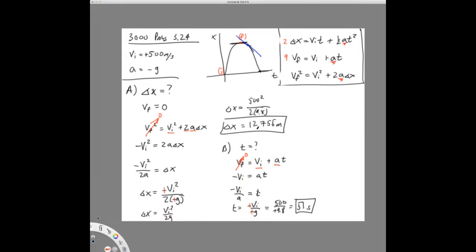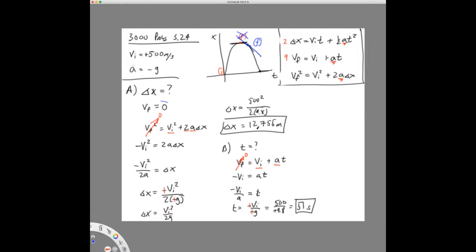So we want to find that velocity, which means that our final point has changed. So we cannot assume information that involved that final, such as the final velocity is 0, or delta x equals 12,755, or final time being 51 seconds.